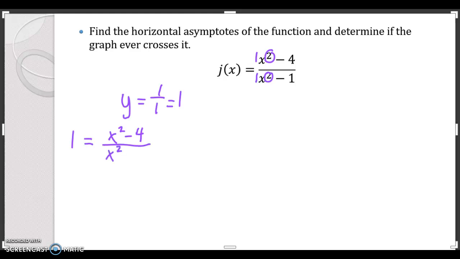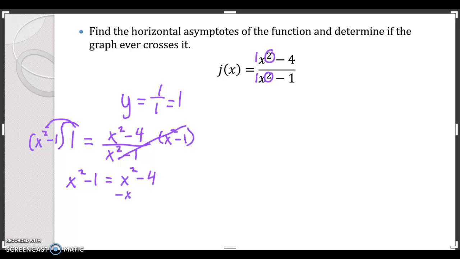So similar to the other one, let's go ahead and multiply by x squared minus 1 on both sides. This is going to go to 1. x squared minus 1 on this side. Remember, this 1 is being multiplied through both of those, so we end up getting x squared minus 1 equals x squared minus 4.